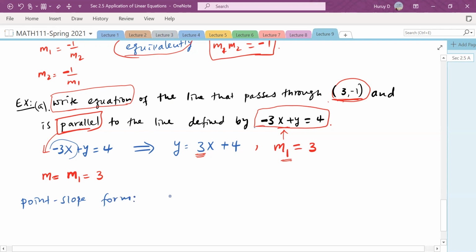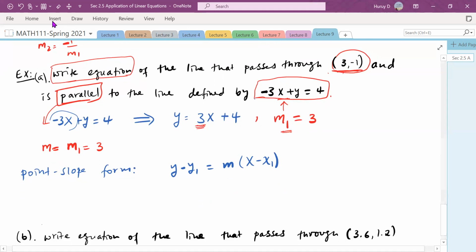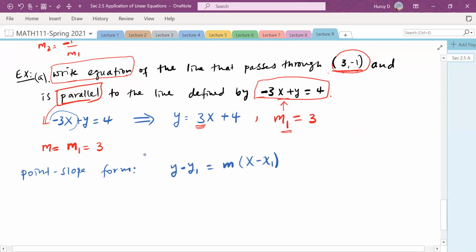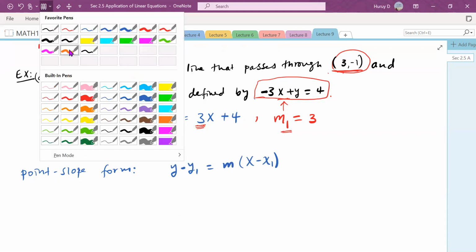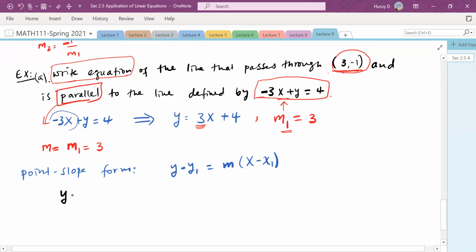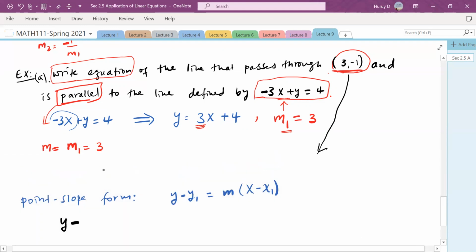Now, the point-slope form is given by y minus y1 equals m times x minus x1. So if we just use this form, we get y minus y1, and here we have the point, which is 3, -1. So x1, y1 is 3, -1.